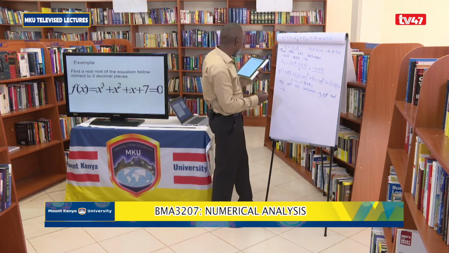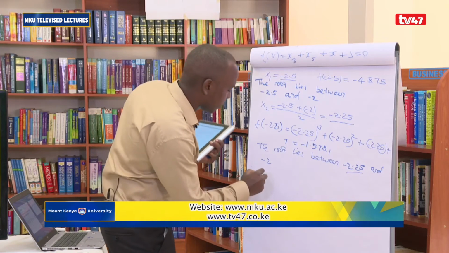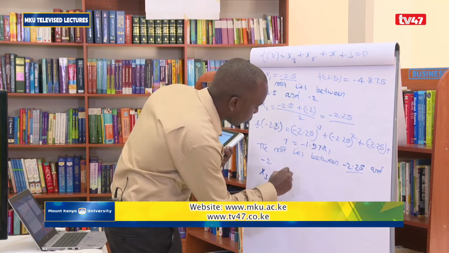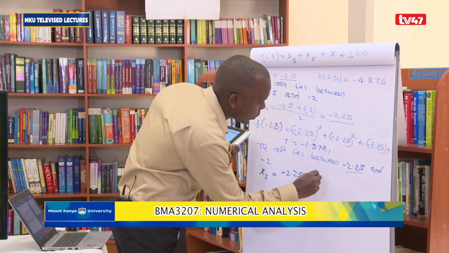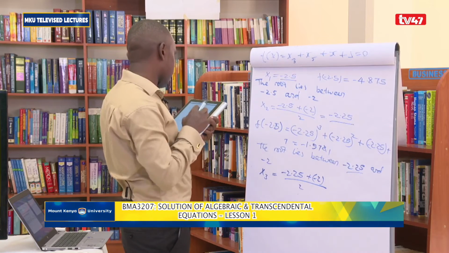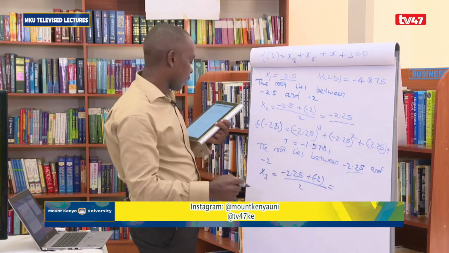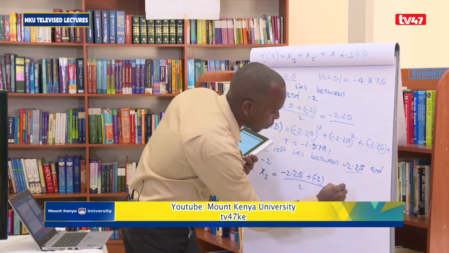So we have x2. So x3 will be given by negative 2.25 plus negative 2, all over 2. So this is giving us negative 2.125.